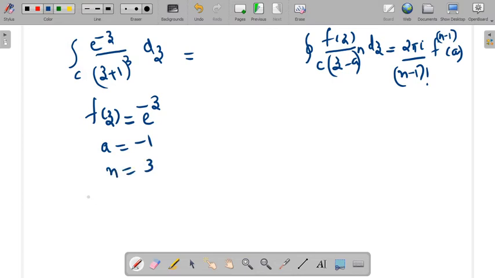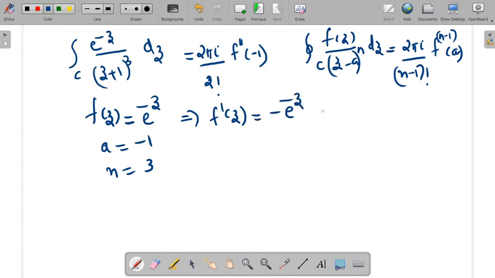So we have to find this integral. This integral will take the value 2 pi i divided by n minus 1, that is 2 factorial, into the second order derivative evaluated at minus 1. So f(z) is e raised to minus z. This implies f dash z is minus e raised to minus z. f double dash z is e raised to minus z.